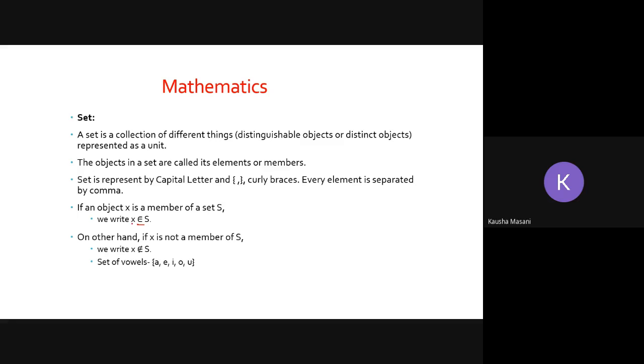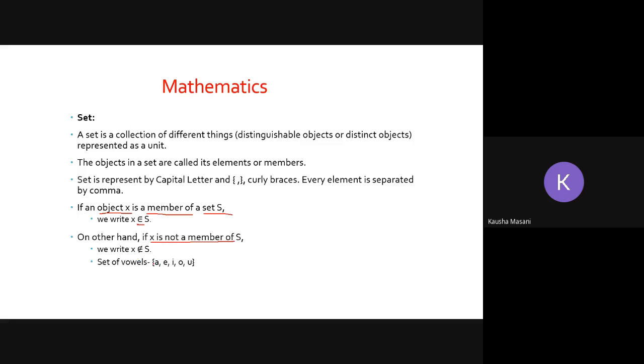So you are going to write X belongs to S. That means object X is a member of set S. Okay, if the opposite case is there, X is not a member of S, then you are going to strike out that E. So that means X does not belong to S.